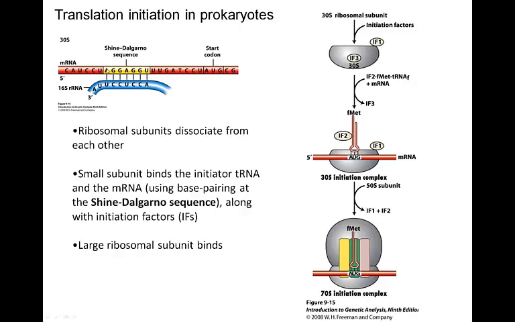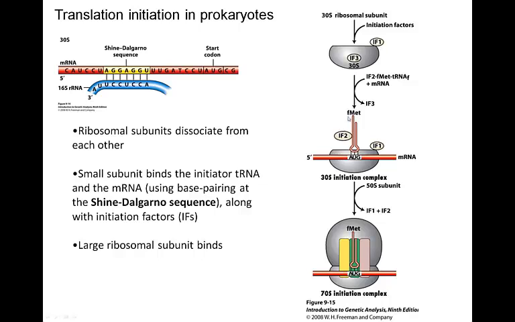When this pairing happens, the start codon is lined up precisely in the peptidyl site of the ribosome. The next thing that happens is a methionine transfer RNA binds in this peptidyl site. For every protein, the transfer RNA that binds first is actually a special one.